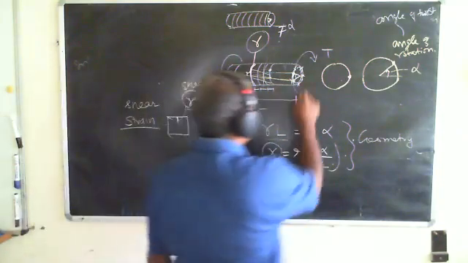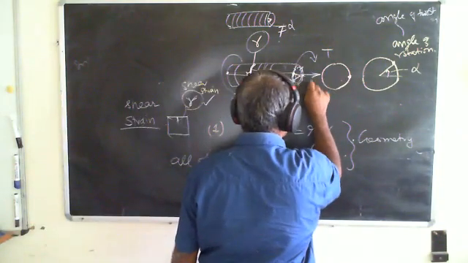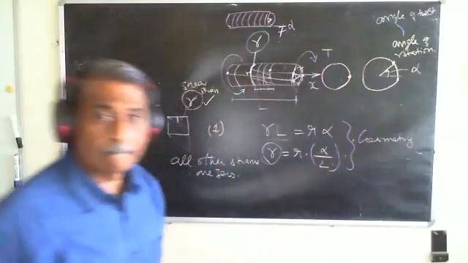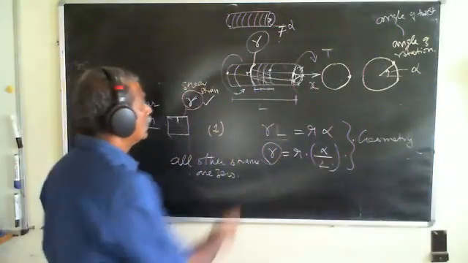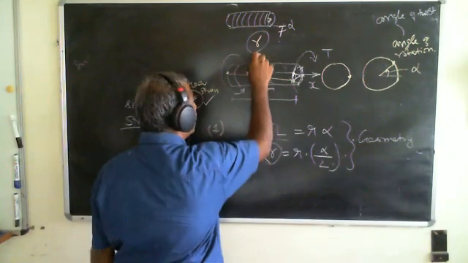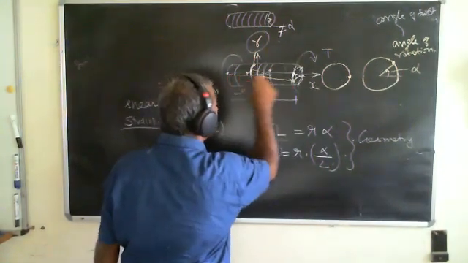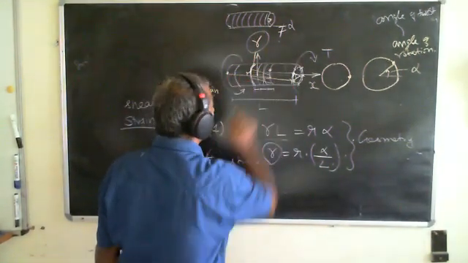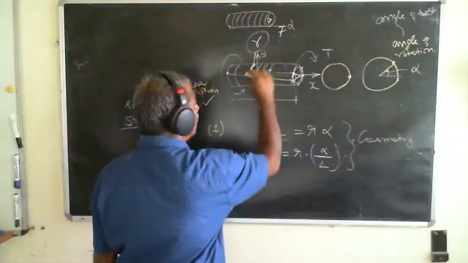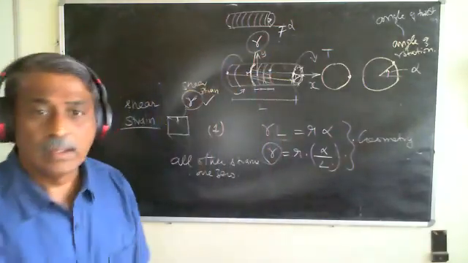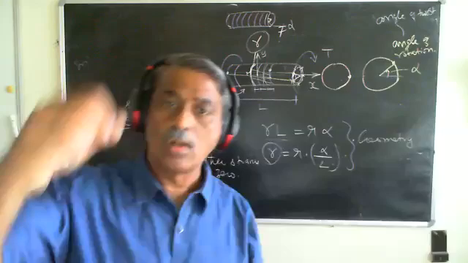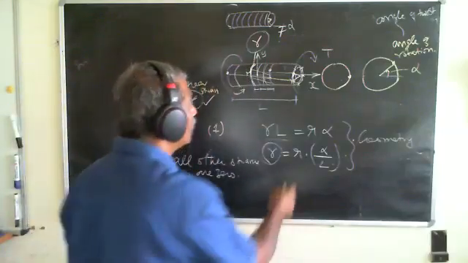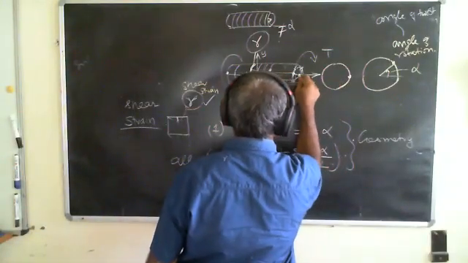Okay. So let's say this is the x direction that I'm looking at. Let me pinpoint the y direction like this. This is the y direction, and z is along the radius, like this.